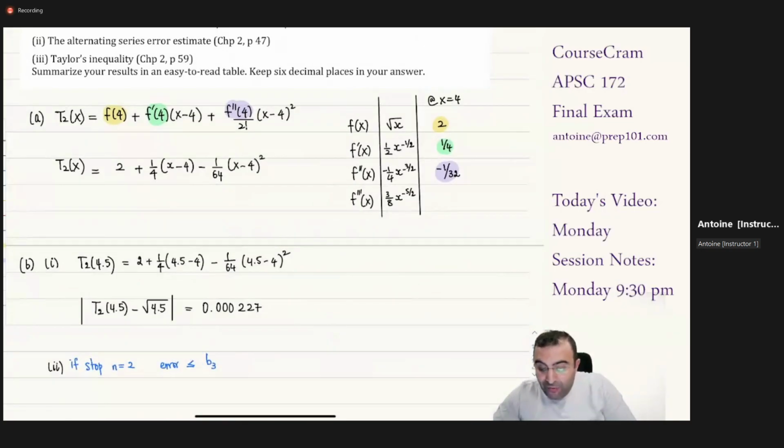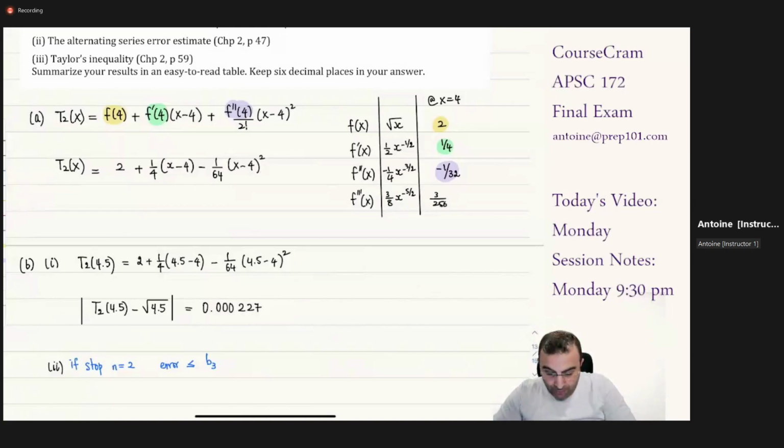What would have been the term if you were to go to n equal to 3? So it turns out we needed this after all. This would be 2 to the minus 5, which is 1 over 32. 8 times 32 is 256. So this is 3 over 256.